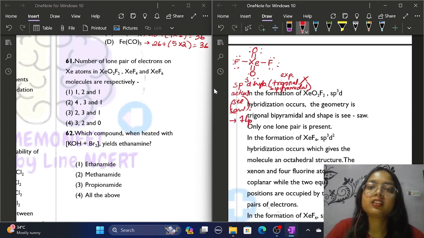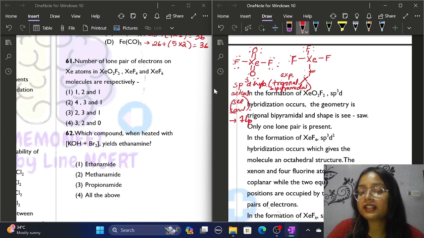The next structure is of XeF4, so XeF4 will have this type of structure. We are talking about the lone pairs of electrons on the xenon atom. Don't get confused with the lone pairs of fluorine or oxygen.